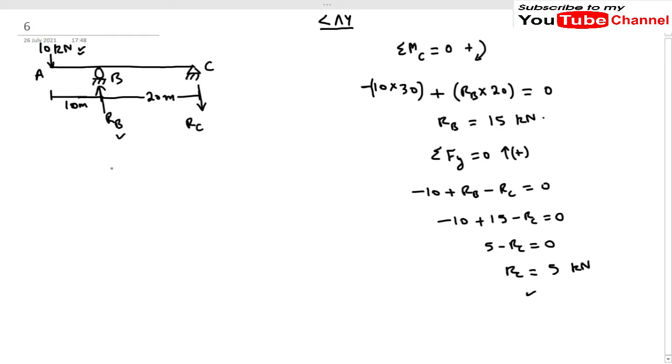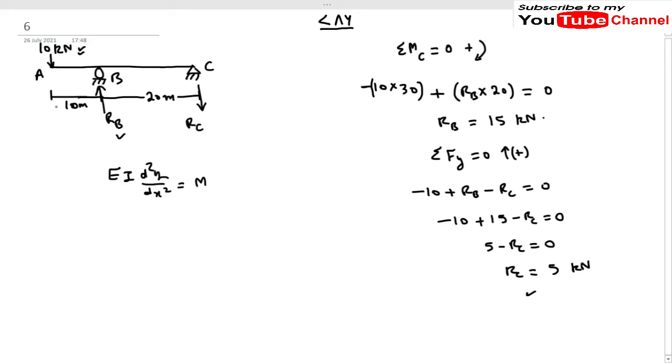Now we will write this relationship: EI d²y over dx² is equal to M. What is important with this problem is that we have a support reaction RB.